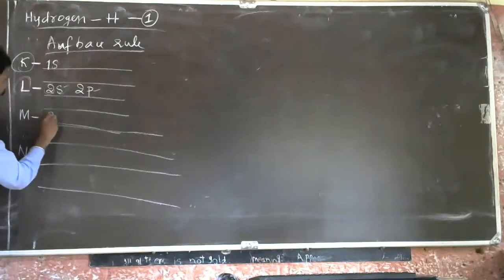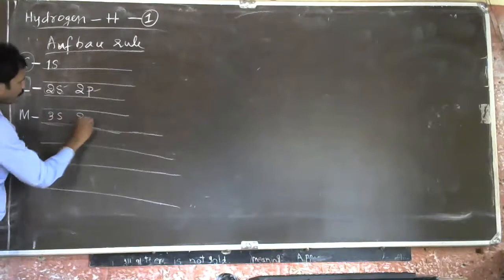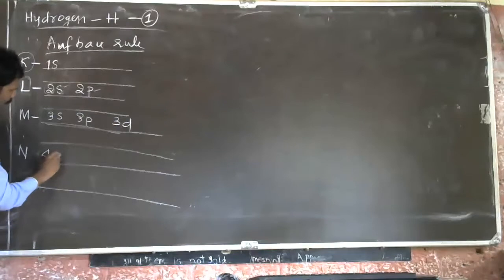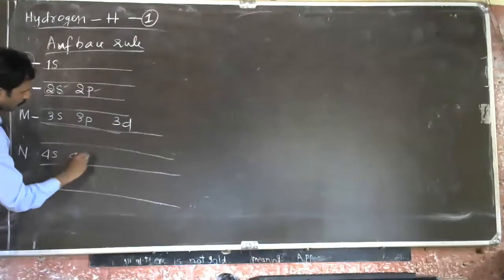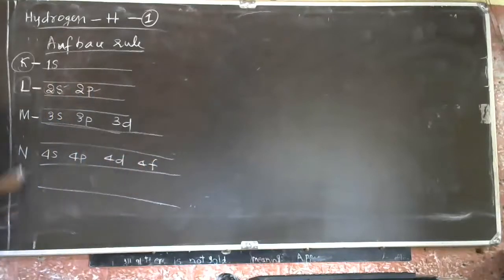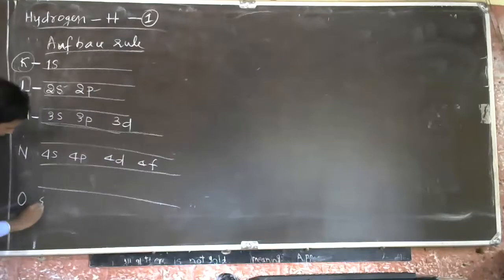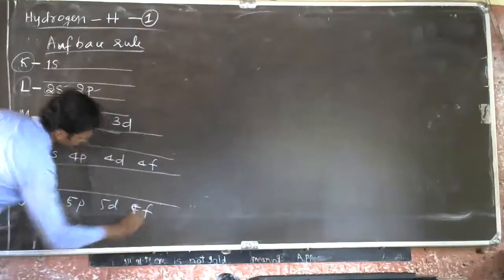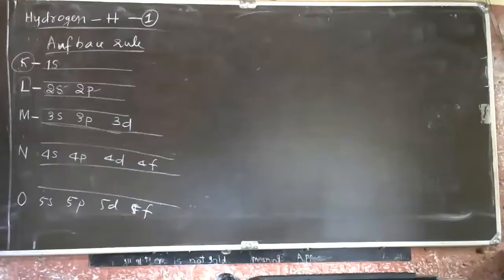Then here 3s, 3p, and 3d. Here 4s, 4p, 4d, and 4f. So K, L, M, N, O. 5s, 5p, 5d, 5f. Understood? Like this way you have to write.